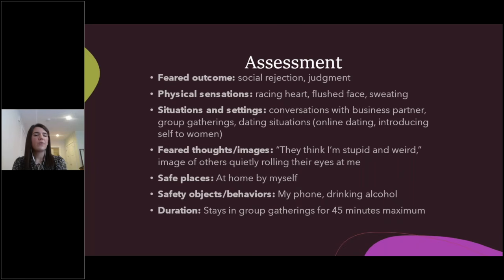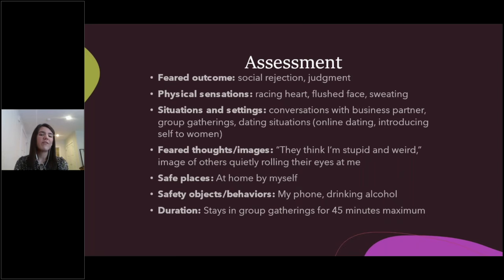When we are assessing the feared outcome here being social rejection or judgment, and when we start assigning exposures to test out whether judgment occurs or not, I'll get into this a little bit later, but it's really important to behaviorally describe what judgment looks like to our client, because judgment's pretty ambiguous and sometimes we have absolutely no idea if someone's judging us or not.